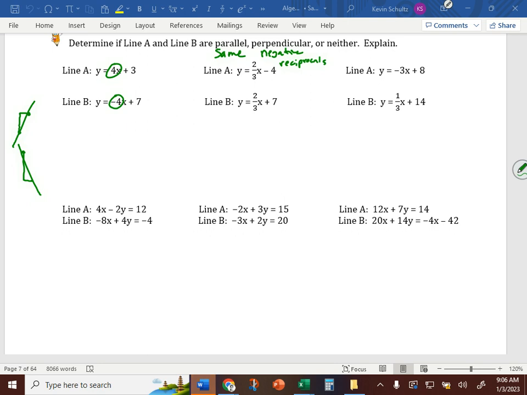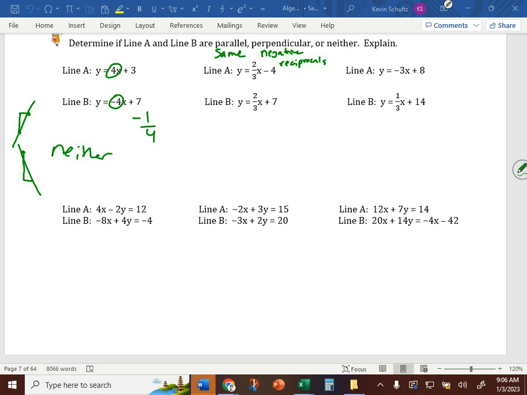The signs are different, but the reciprocal of a +4 would have to be -1/4, not -4. Okay? So the correct answer here is that they are neither parallel nor perpendicular, and the reason why is what we just explained: they're not the same slope, they're also not negative reciprocals.